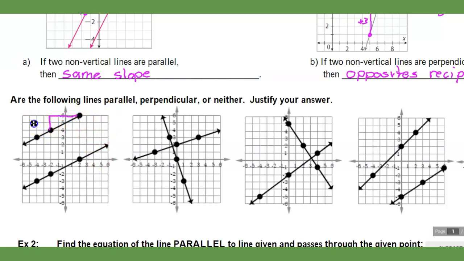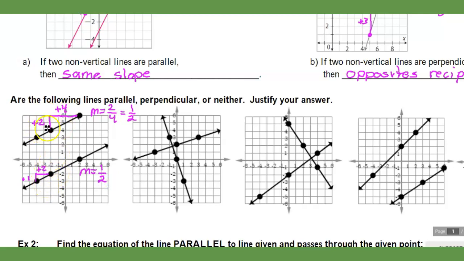So we have up 2, run of 4, which reduces to 1/2. This line has a slope of rise of 1 and a run of 2.